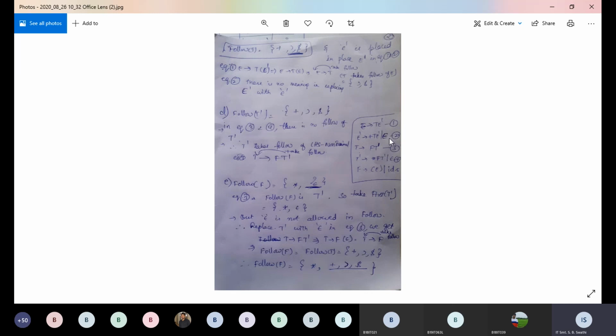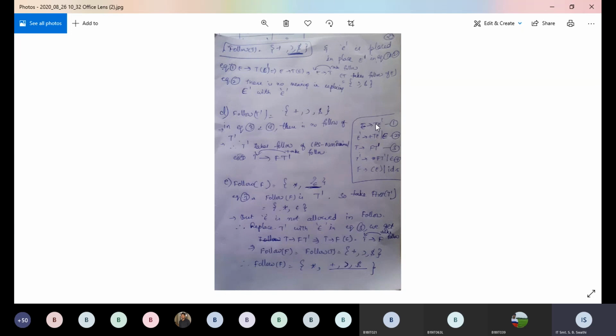And the next one is epsilon. Whenever epsilon is obtained as first of any element, in that case also you need to borrow the follow elements from the parent. Okay, and how do you compute the first? First is always computed by considering the first symbol only, towards all the RHS productions.